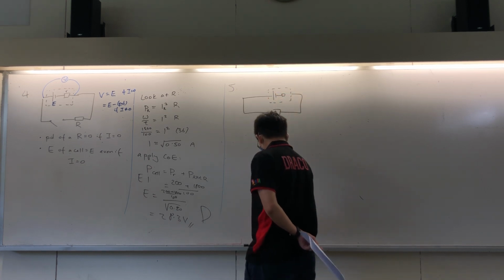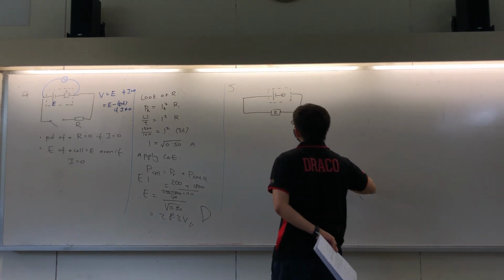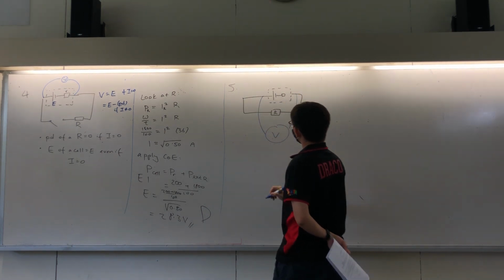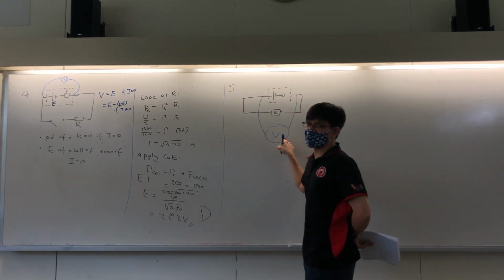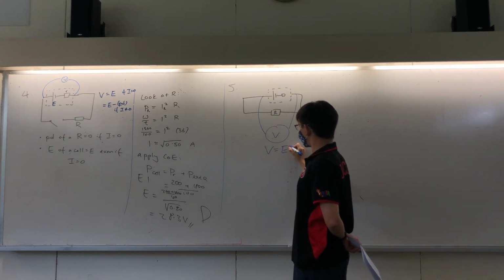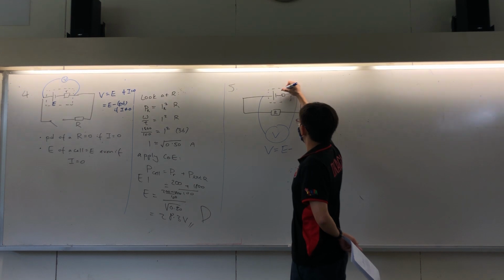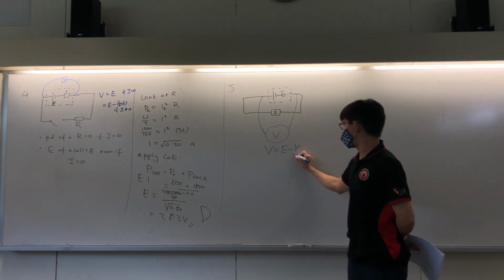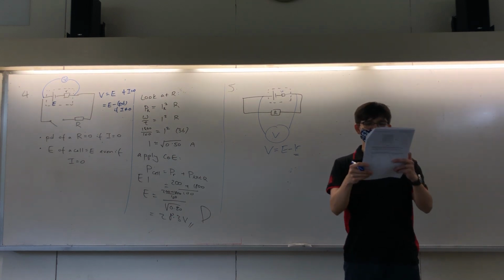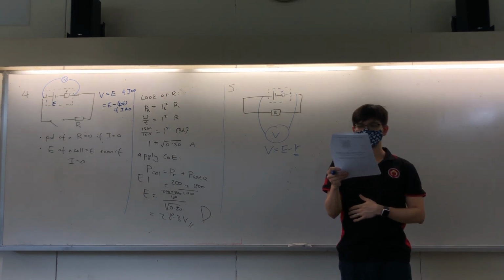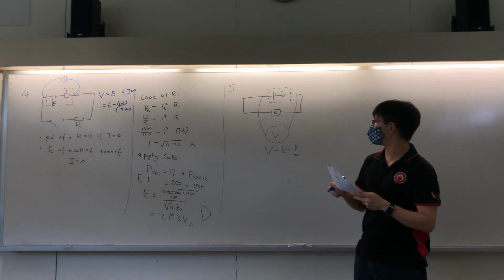If I connect a voltmeter across it, the voltmeter reading will be EMF minus IR. This IR is due to the internal resistance. So B is the answer. We call this the terminal PD.